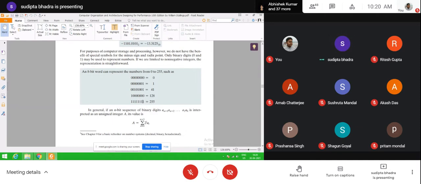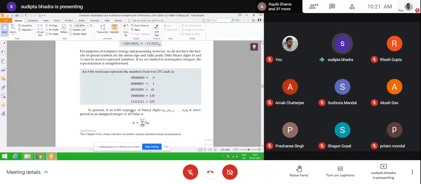At the a1 position, in the case of 255 the bit value is 1, and 2 to the power 1 is 2.